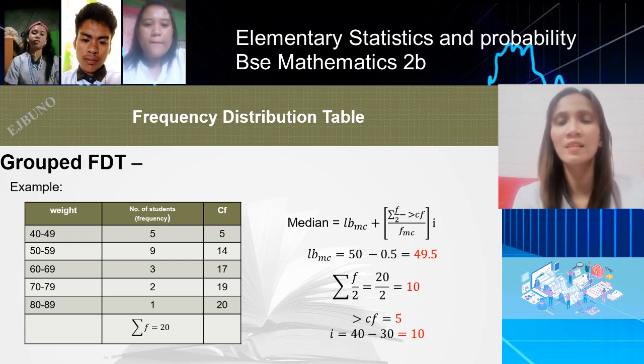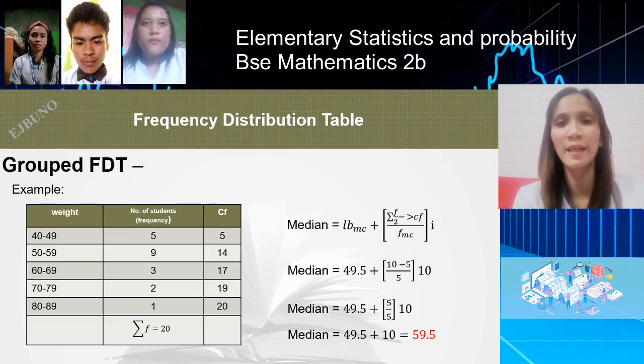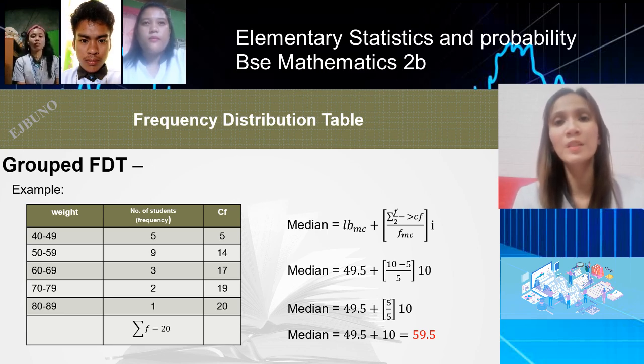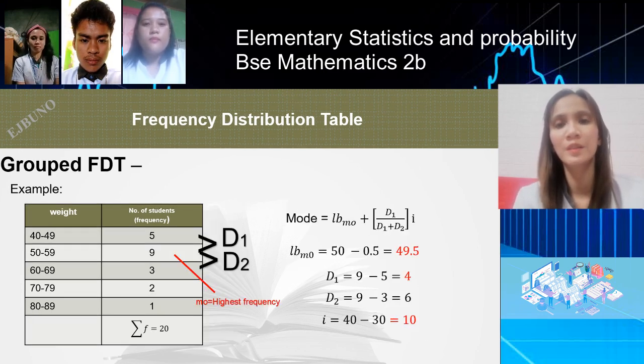And last, the class width is equal to the difference of the consecutive lower boundaries, and it is equal to 10. Now our median is 49.5 plus the quantity of 10 minus 5 divided by 5, times 10, which is equal to 59.5.